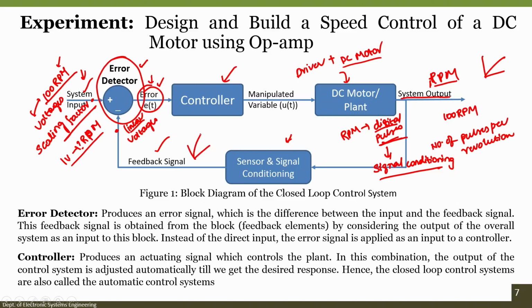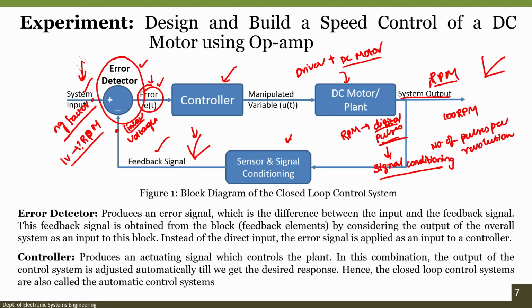It should always be in the same fashion. And not only linear, we should also map the sensitivity or scaling factor of the system to be equal to the scaling factor that we set for the system input.